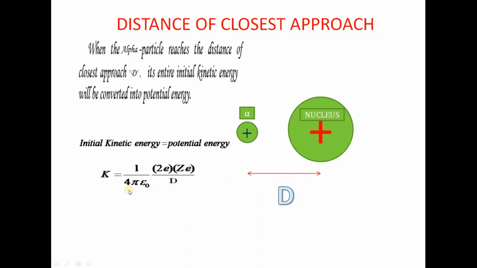So here K is the initial kinetic energy, and d is the distance of closest approach. From this equation, if we interchange K and d, we get d equals 1 by 4 pi epsilon naught, 2e Ze by K. So this is the formula for distance of closest approach for head-on collision.